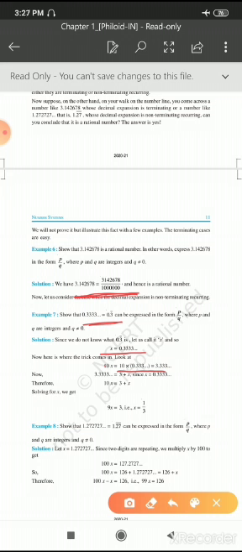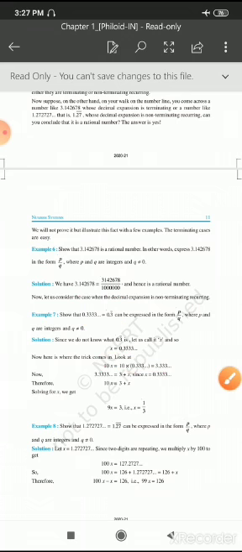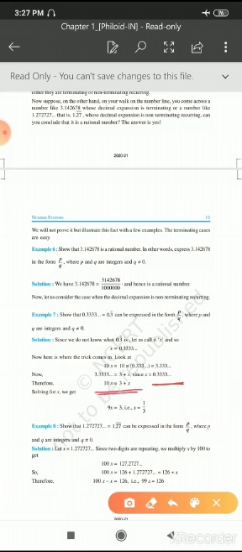Can we write 3.333 as 3 plus 0.333, the whole number plus the decimal number? And we know that x is equal to 0.333. So 10x will be equal to 3 plus x, because 3.333 means 3 plus 0.333, and 0.333 is x.